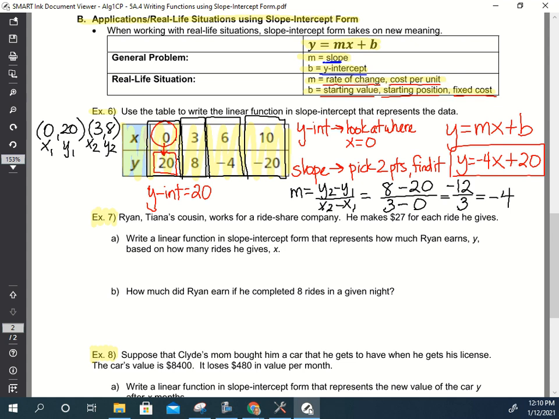So again, it's not hard. You just got to do a little work. Any questions on example 6?